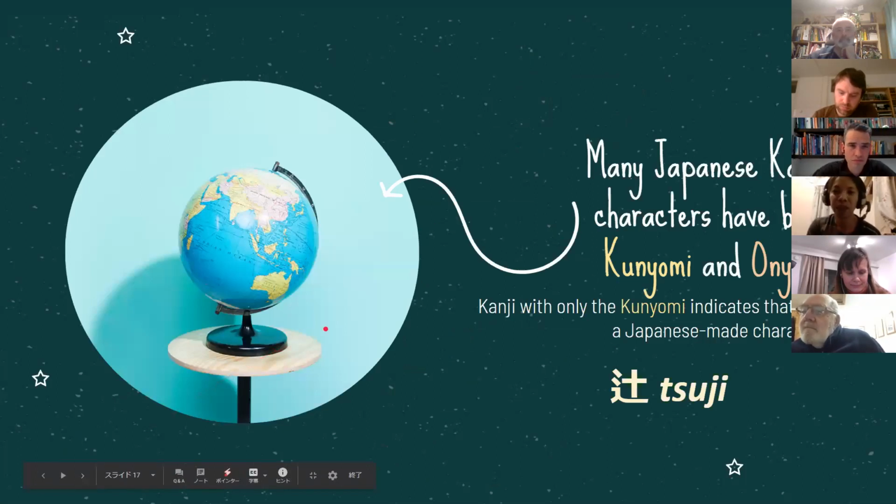So many Japanese kanji have both readings. And if a kanji has only the kunyomi or Japanese reading, it means that this character was made in Japan, not made in China. For example, the word ziji, for crossroad or intersection, is a Japanese-made kanji.